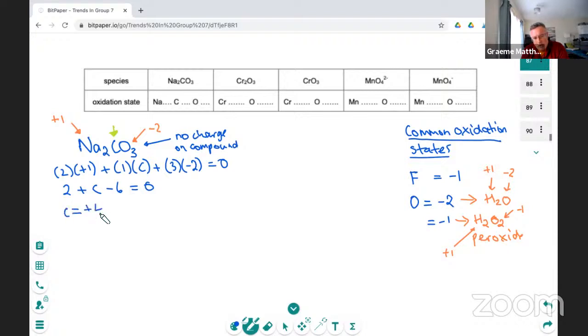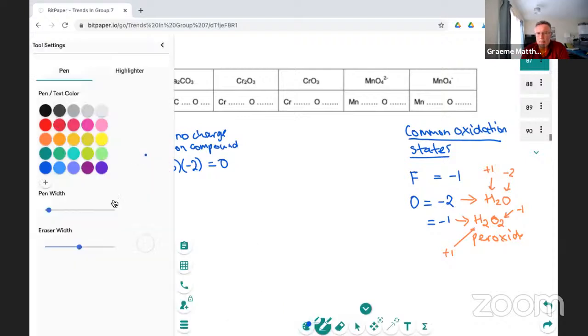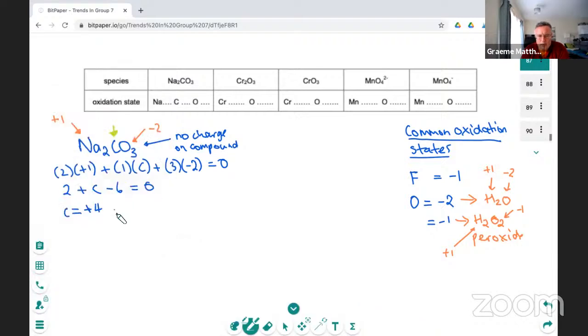Now, chemists, after I do this, I stop a minute and think, did that make a bit of sense? Yeah, I think so, because carbon has 4 valence electrons, so being +4 is a possibility.